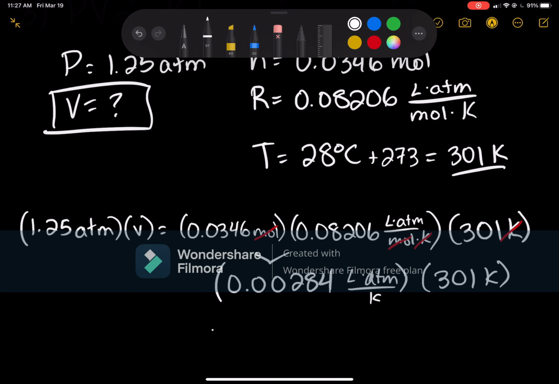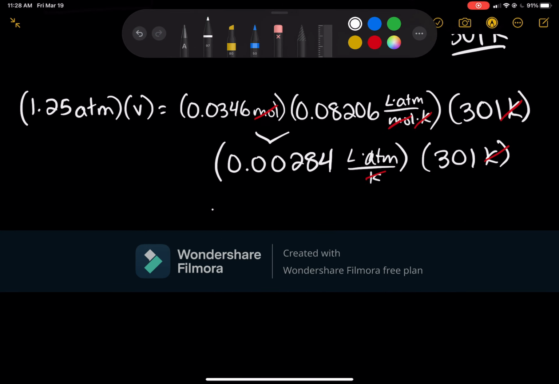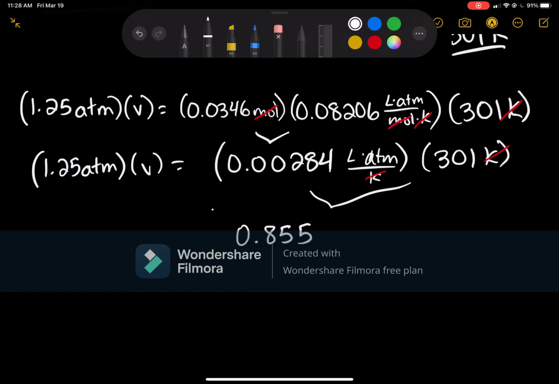And again, this cancels out. The next equals V times 1.25 atm. And then these together gives us 0.855 liter atmosphere equals V times 1.25 atmospheres.